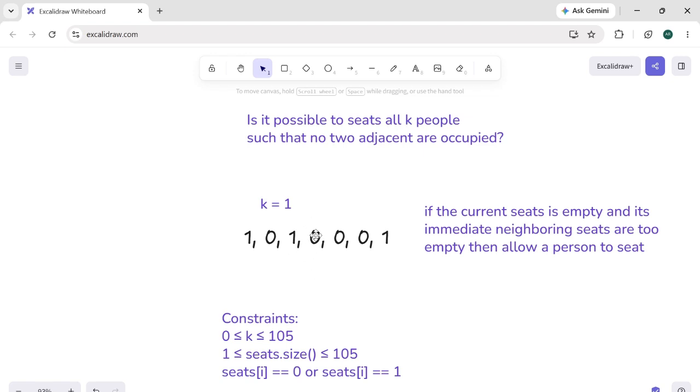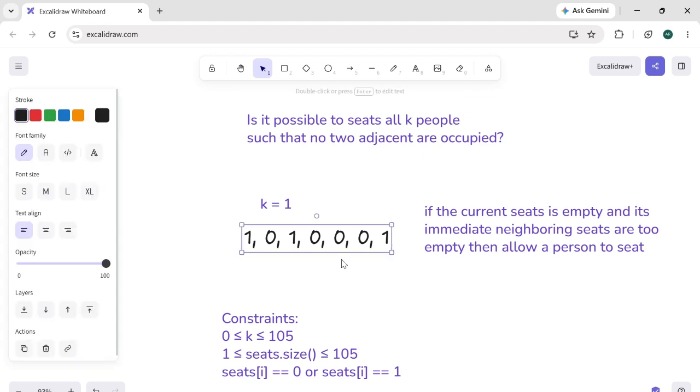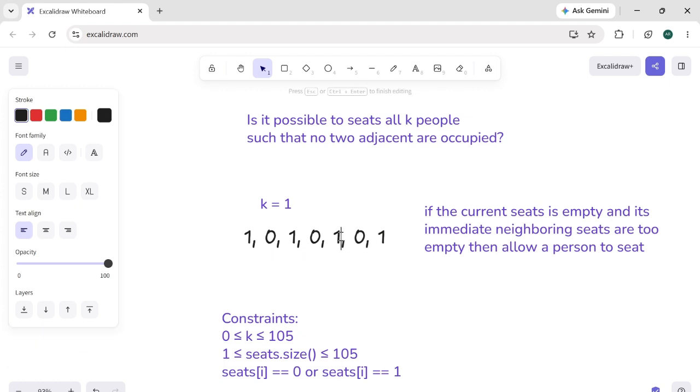Now again, I'm here but the one before is 1, so again I'll not allow. Now I'm over here. At this particular seat, I can see that its neighbors are empty and this seat is also 0, so I can allow a person to sit at this position, because the neighboring seats are empty. So I'll simply mark this as occupied and decrement k.